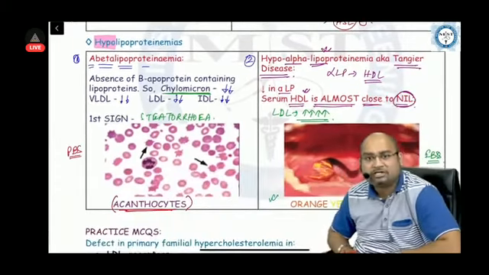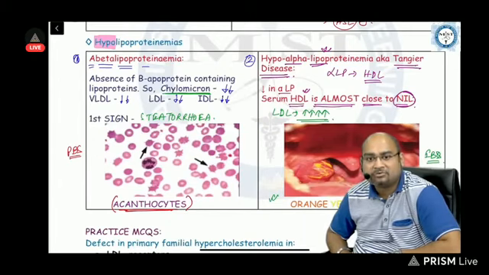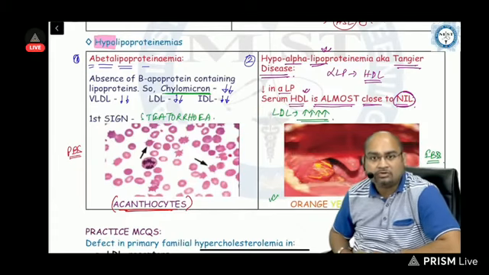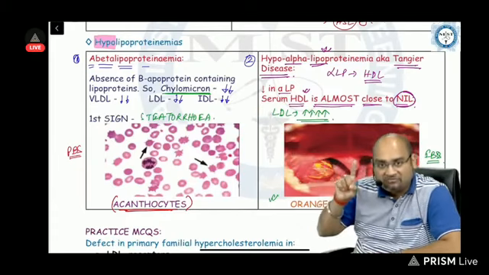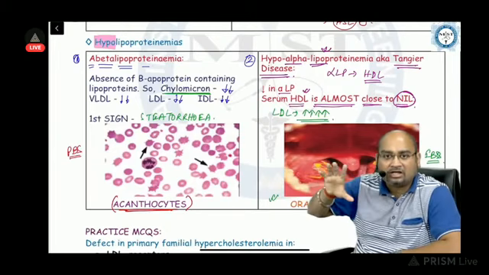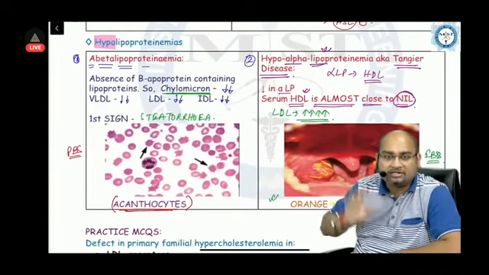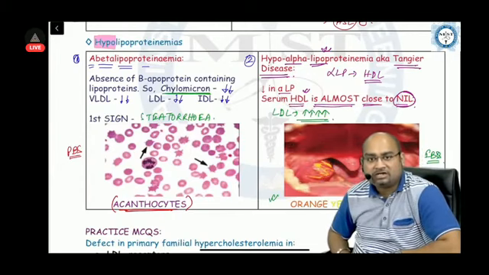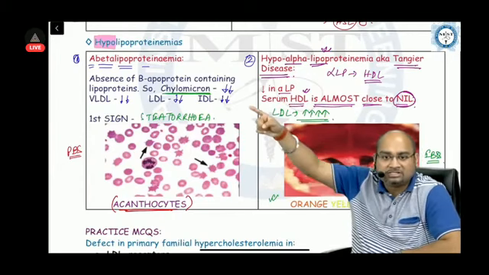Abetalipoproteinemia, absence of beta apoprotein containing lipoproteins. So chylomicron, LDL, HDL, VLDL will be lower. Chylomicron में रहता है B48, LDL, HDL, IDL, VLDL all have apo B100. So as these two, B100 and B48, are deficient, chylomicron is deficient.